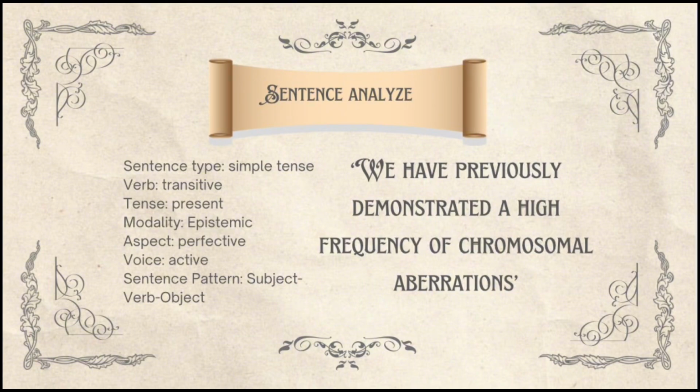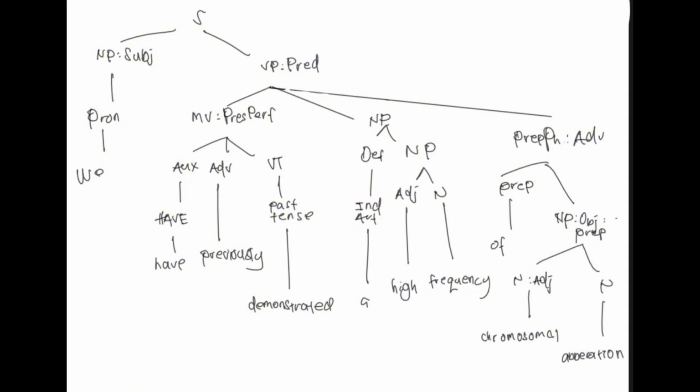So right now, I'm going to walk you through the syntax analysis of our sentence as illustrated in the syntax tree. At the very top, we start with the core sentence, which splits into two foundation components, our subject noun phrase at the left and our predicate verb phrase on the right.